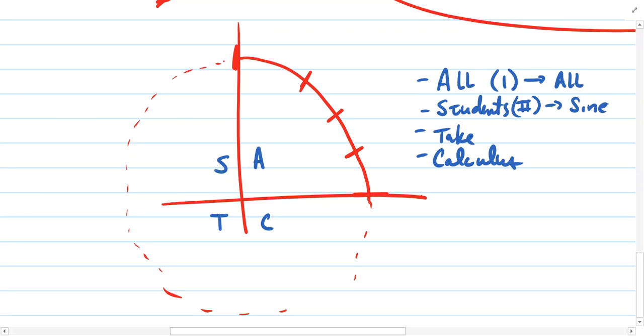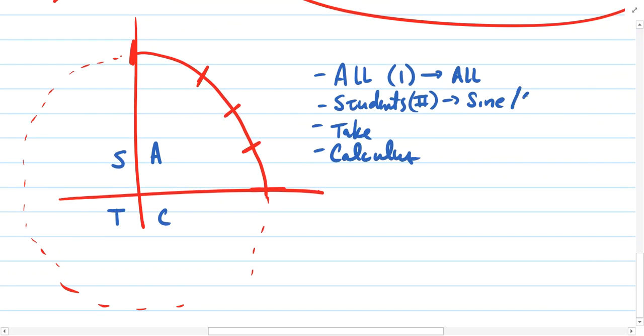implies that the sine or cosecant function, because sine and cosecant are reciprocals, they don't change their signs here. So sine and cosecant are positive in the second quadrant. The phrase take is referring to the third quadrant. All students take. So in this case, we know that tangent and cotangent are positive in the third quadrant.